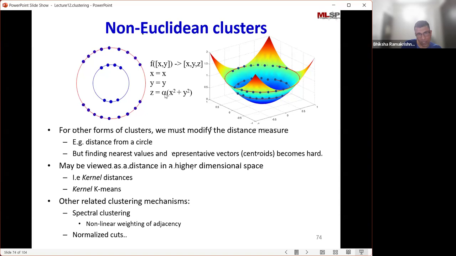If I do this, then instead of just being a two-dimensional plot, all of these data points end up on a quadratic bowl because the z-axis represents the distance from the center of the circle. And for small alpha, the inner and outer circle data points are going to be close together. But as you keep increasing alpha along z, the distance between these two clusters is going to keep increasing.